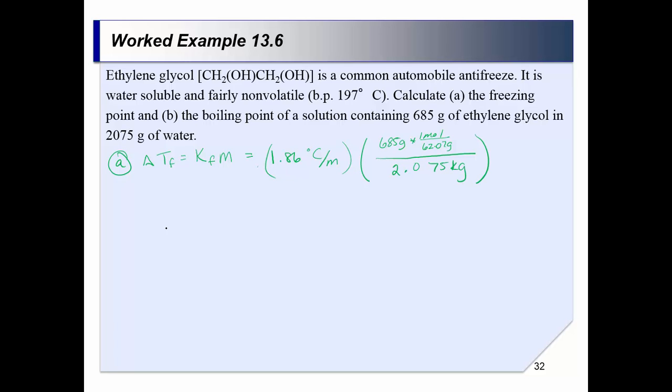So I get a freezing point depression equal to 9.89 degrees Celsius. Now remember, that is the depression. That's not the freezing point. The freezing point itself would be the normal freezing point of the solvent, 0 degrees, minus the amount I'm being depressed. So negative 9.89 degrees Celsius would be the new freezing point.